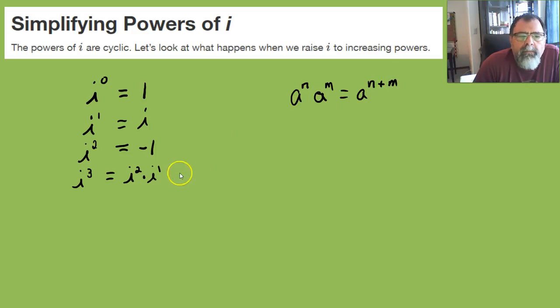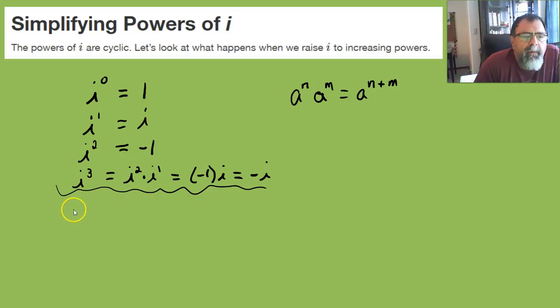So we're using this in reverse, right? So 2 plus 1 is 3. So I can split it up. And then now we know that i squared is -1. And i to the first is just i. So we get -i. And this pattern is going to keep repeating.